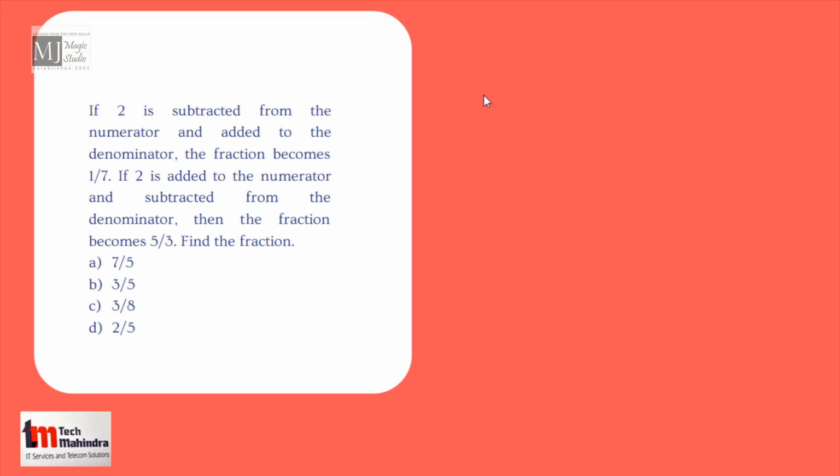If 2 is subtracted from the numerator and added to the denominator, x minus 2, and y plus 2, then the fraction becomes 1 by 7. Or I can say 7x minus 14 is y plus 2, or 7x minus y is 16.